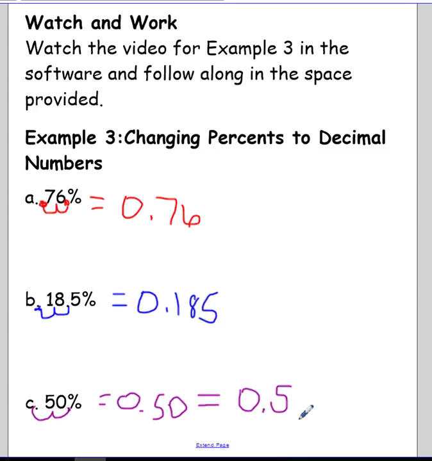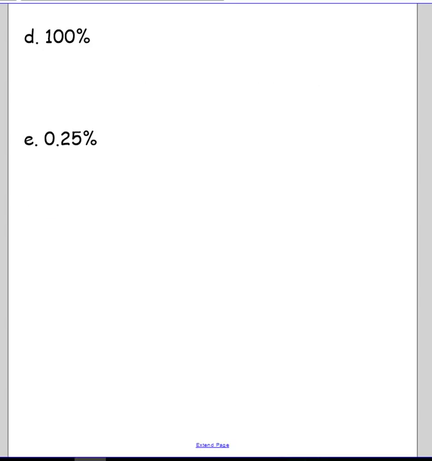Notice there's not 2 numbers anymore because we dropped that 0, so we would have to put a 0 as a placeholder to get that 50% back. 100% is the entire thing, which makes sense when we move that decimal and see that it's 1.00. Or again, we can drop those zeros after the decimal point and just say 1, the whole thing.